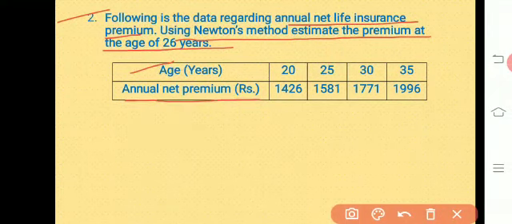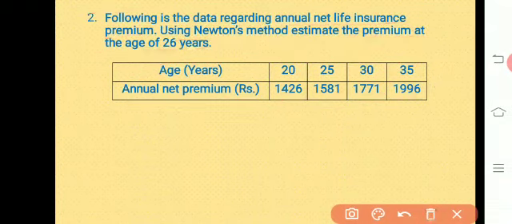So when age is 20 years, the premium is 1426. For the age 25 years, the premium is 1581. For the age 30 years, the premium is 1771. And for the age 35 years, the premium is 1996. This is the question.